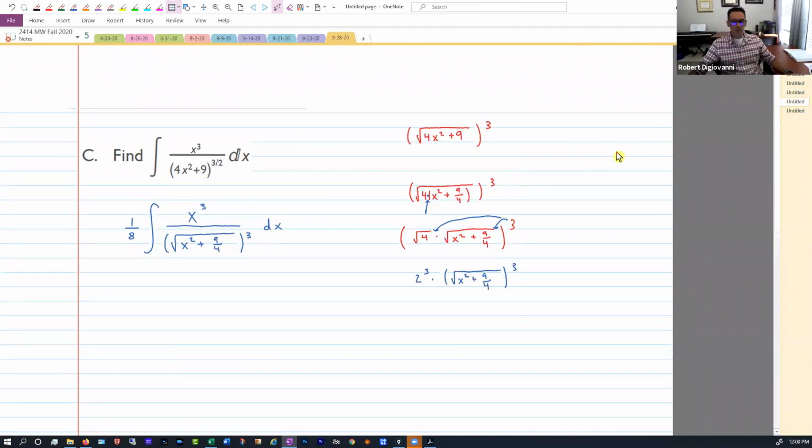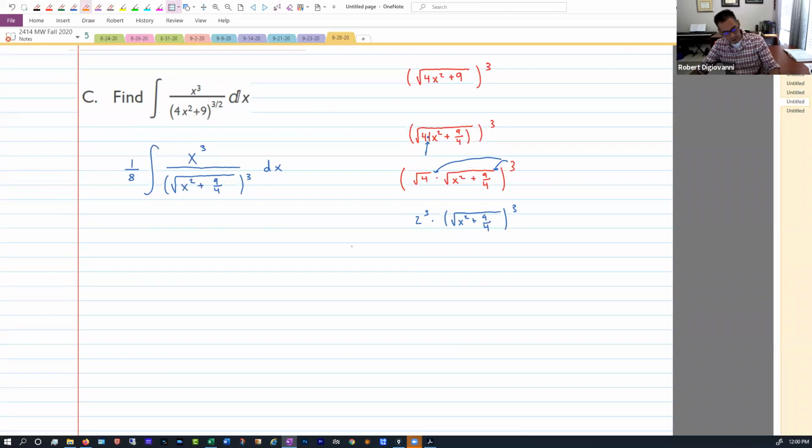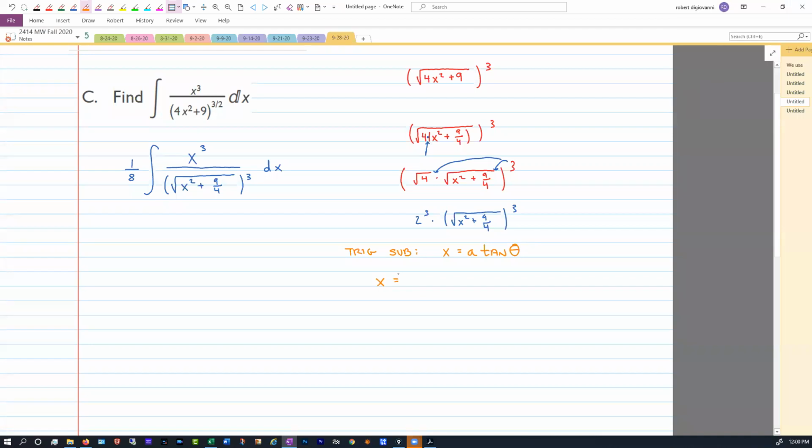We're going to do x equals a tan theta. Everyone clear with that? Okay, so here it comes. Here's my trig sub. I'm going to do x equals, I'm just going to write it down so I have it here, a tan theta. Nick, this is a little bit tricky, but do you know what a is here?